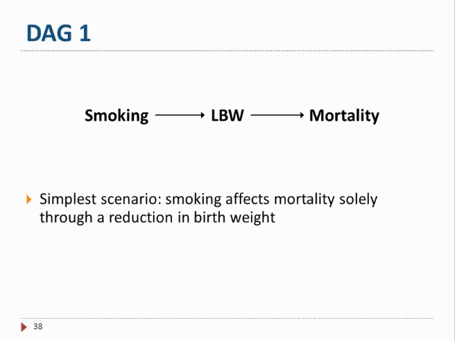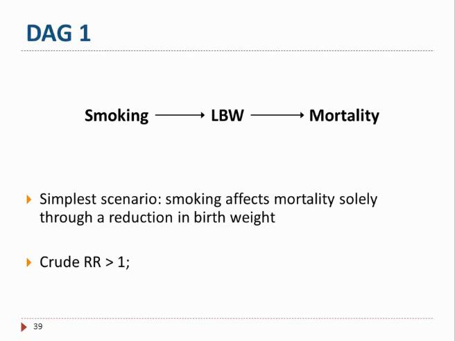So here is an example of one of the simplest DAGs we could draw to look at the effect of smoking on infant mortality. Here, smoking is affecting low birth weight, and low birth weight has an effect on mortality. Because smoking is associated with lower birth weights, and lower birth weights are associated with a higher risk of infant mortality, that's how we think this is playing out.